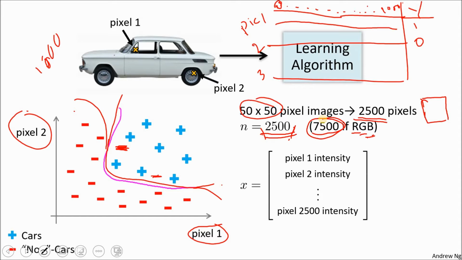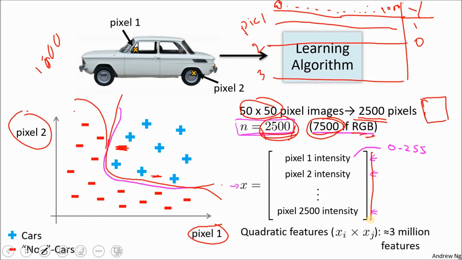For now, just consider this simple case, 2500 pixels. We put them over here like a vector. So it will give me 2500 values inside the X matrix, and then I will use it to train my output. Each value is between 0 and 255.